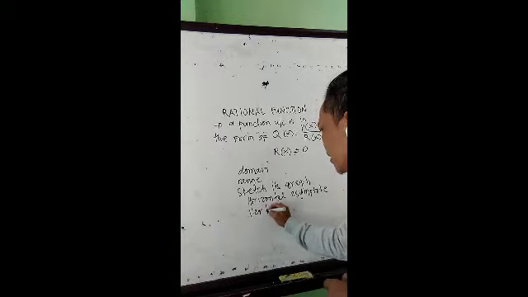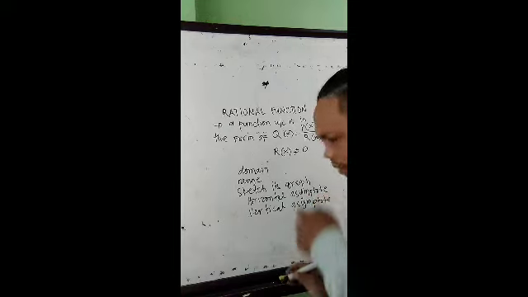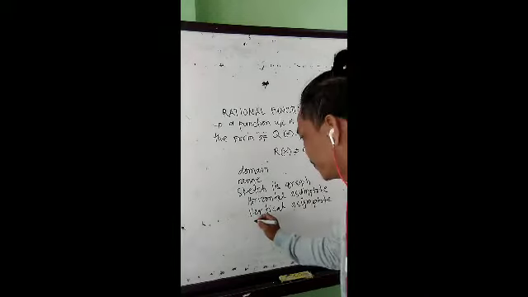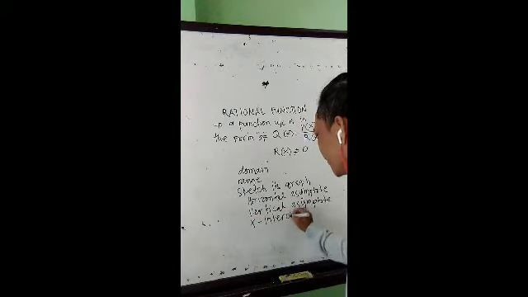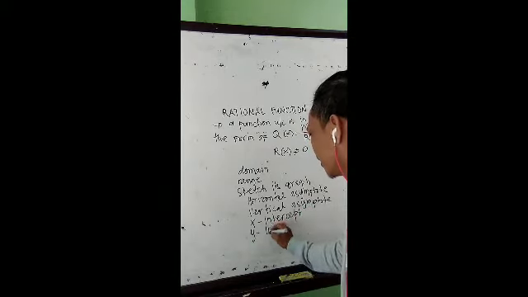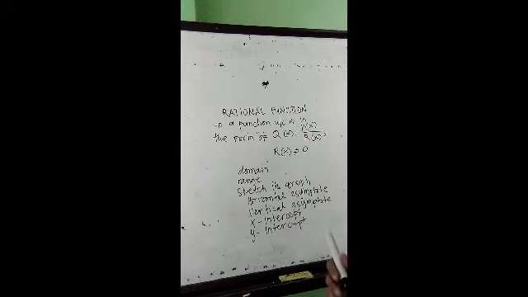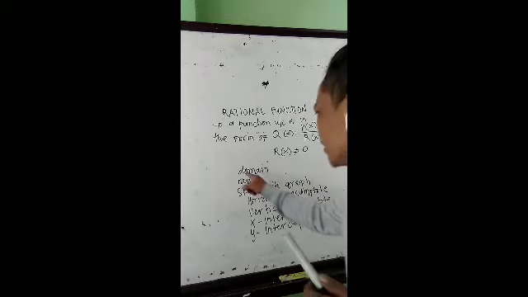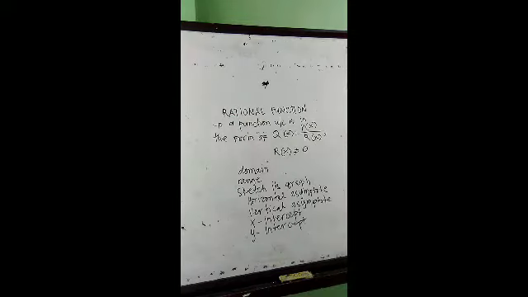We have also the vertical asymptote. We have to find its x-intercept and also the y-intercept. Right? So, first of all, we will find the domain and the range of every rational function.